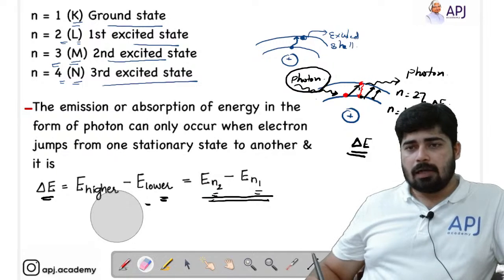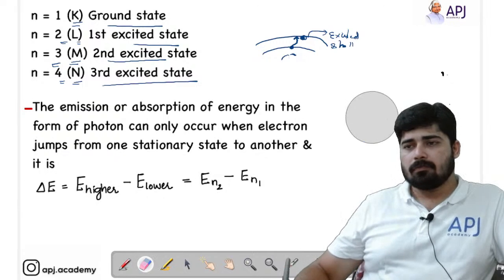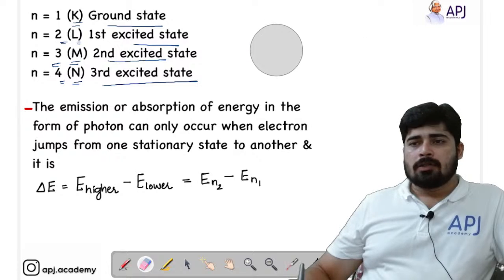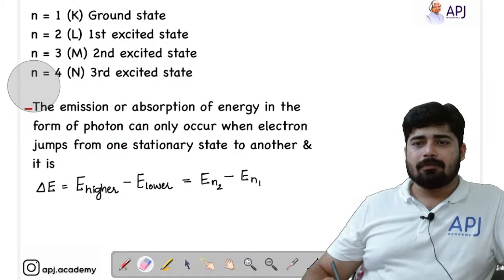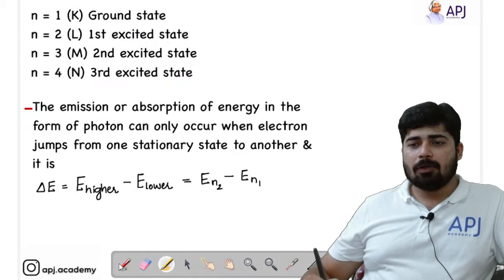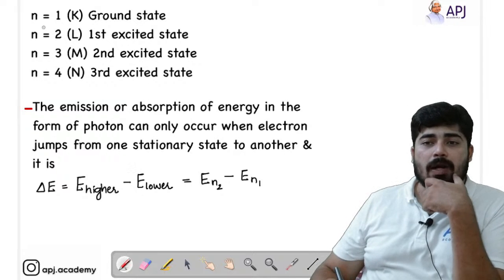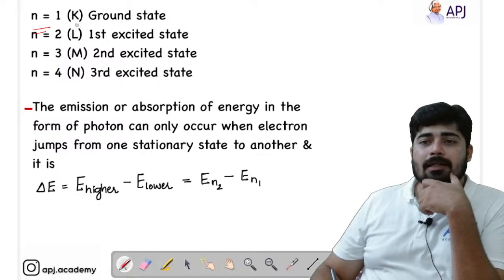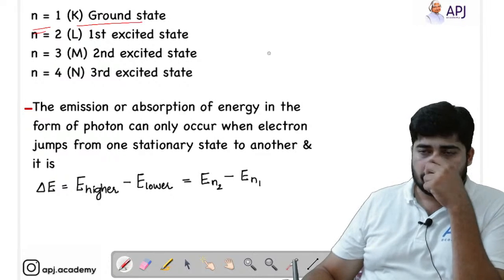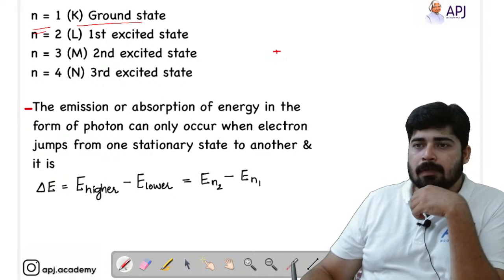Okay, now let's see here. You can see that if the value of n is equal to 1, that is the ground state. What does that mean? I'll explain here. See, we have a nucleus.